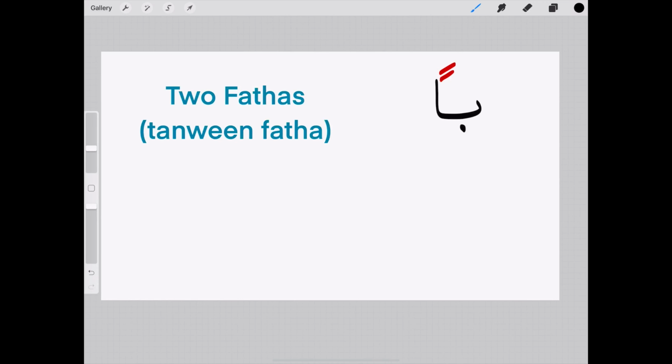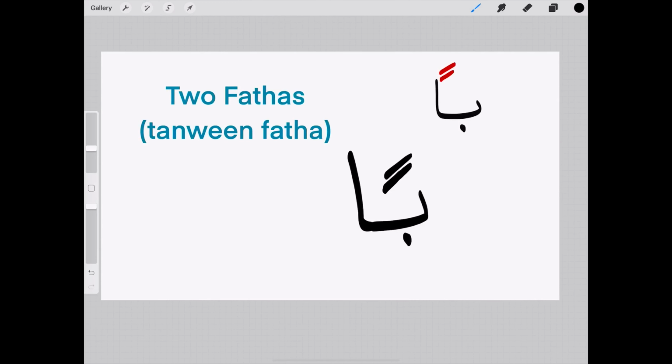So the ba here with a single fatha is pronounced as ba. If you add 2 fathas parallel to each other on top of the letter, it becomes ban. And for this to be completed, you have to add the long vowel alif at the end.